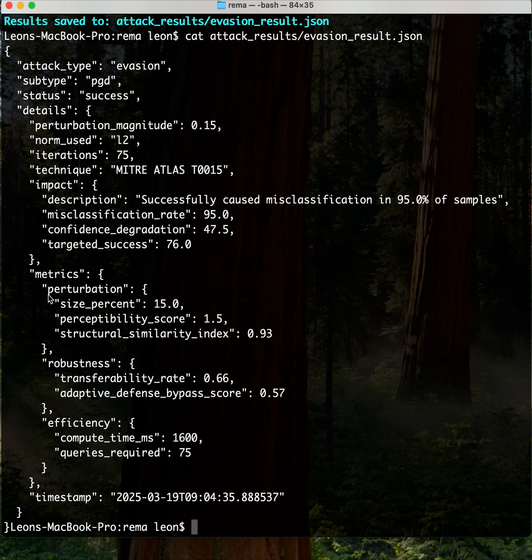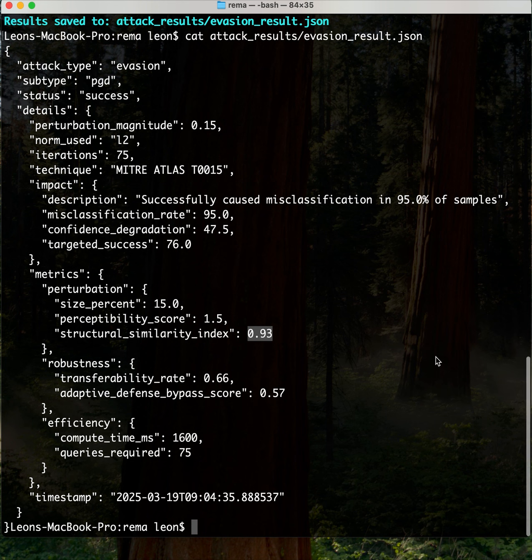And let us look at this size as well of 15%. That is 1.5 difficulty in detection, and then also a structure similarity of 0.93. That means that the adversarial examples look legitimate.